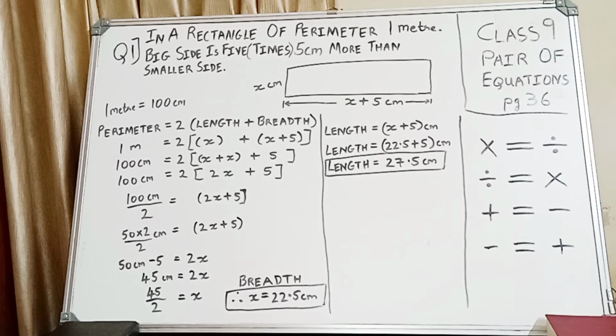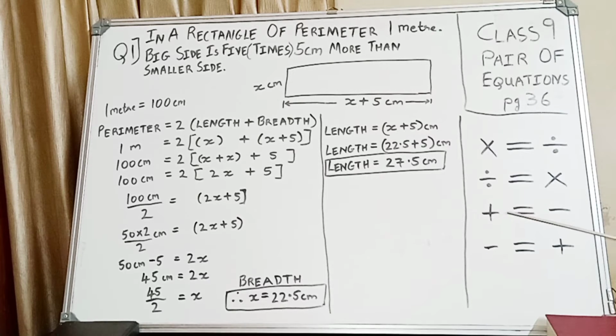In pair of equations, you need to understand that if a multiplication symbol is there before the equal to sign, when it goes to the opposite side, it will become division. And when division is there before the equal to sign, when it goes to the opposite side, it will become the opposite of division, that is multiplication.